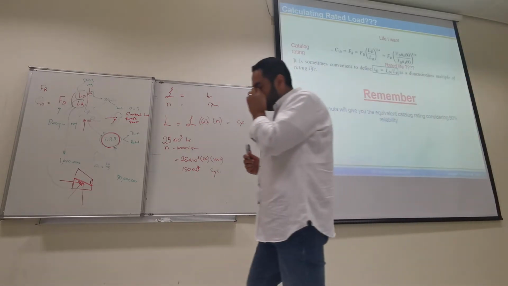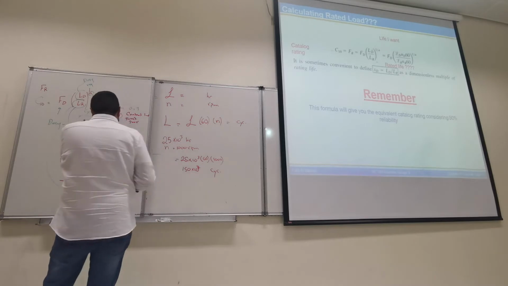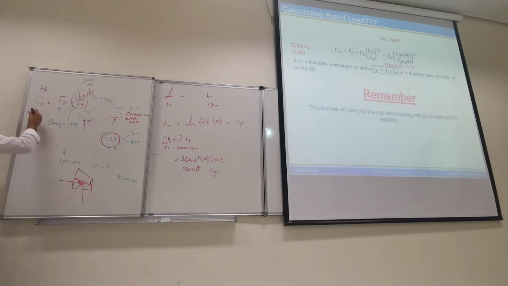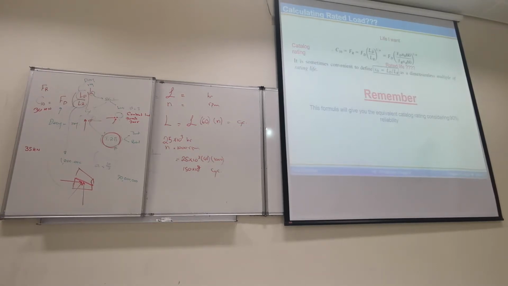Yes, if you for example calculate the catalog rating and you found that to be 30 kilonewton, and you went to the catalog and you picked a bearing with a capacity of 35 kilonewton, in this case you enhance the reliability. The reliability will be more than 90%, because the way we are calculating now is based on reliability equal to 90%.